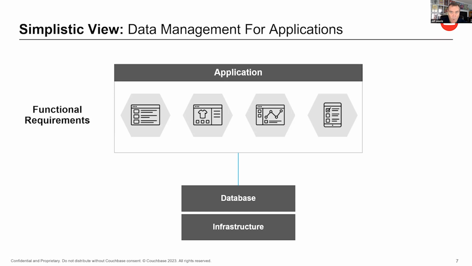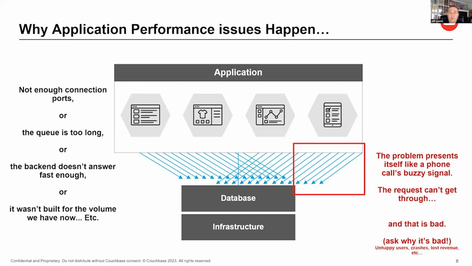So let's look at why this happens, or where it happens. When you break down an application, oftentimes it's an application that talks to a database that runs on some kind of infrastructure, frequently the cloud. When the application is running, it's creating requests to the database and to the infrastructure.